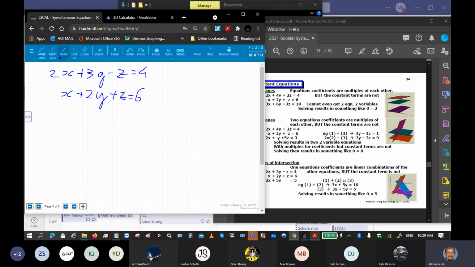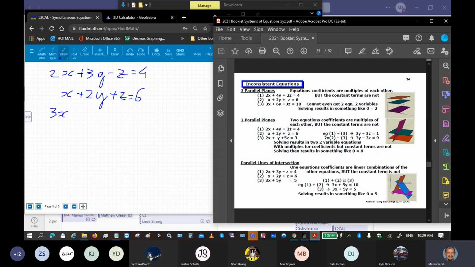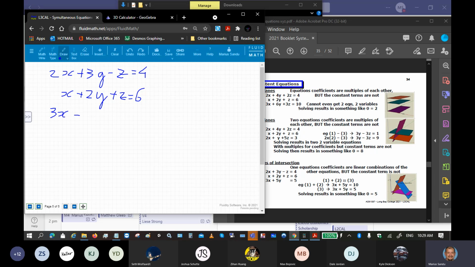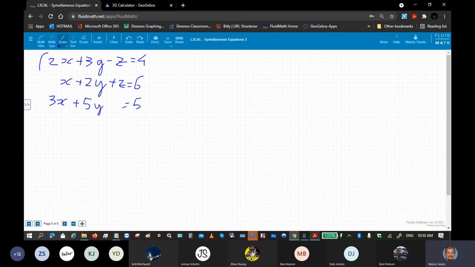And the third one is 3x plus 5y equals 5. Yes. Cool.